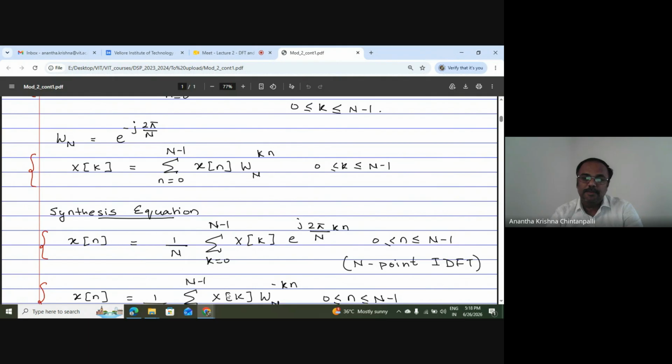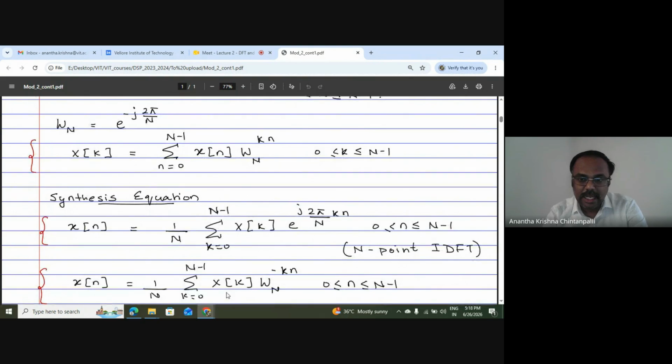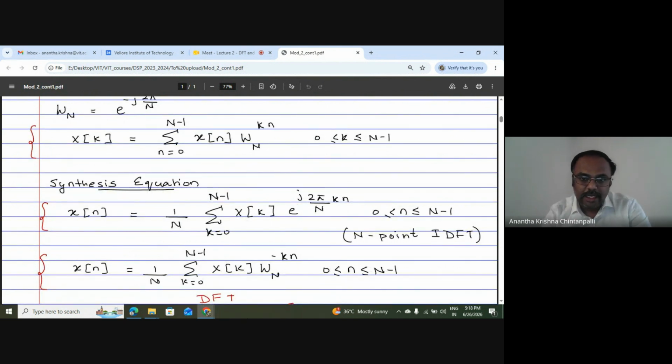Again, n goes from 0 to capital N minus 1 inclusive. We call this the N-point inverse discrete Fourier transform. Again, I don't want to write e to the power of j 2 pi by N all the time, so I can replace it by W to the power of minus k n, with subscript capital N. Again, n goes from 0 to N minus 1 inclusive.